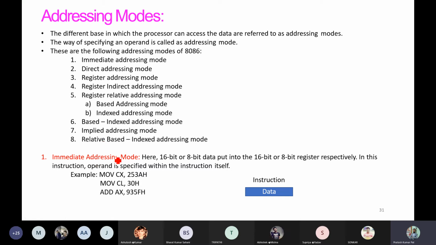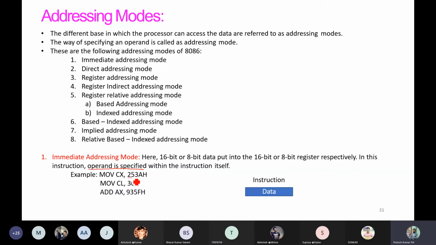In immediate addressing mode, a 16-bit or 8-bit data is put into a 16-bit or 8-bit register respectively, and the operand is specified within the instruction itself. So whatever operand we are going to use, suppose it is MOV CX, 253A.